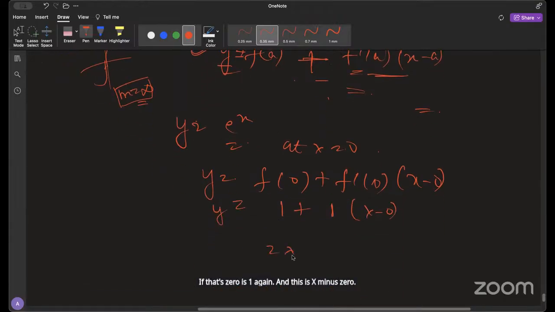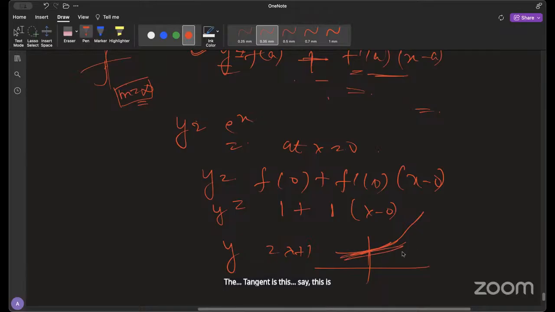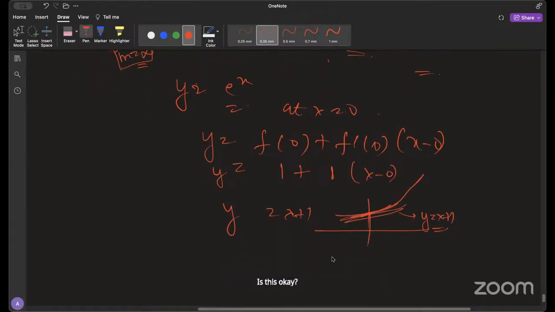This gives you x plus 1. So what this means is that at x equals to 0, this point, the tangent is this; if this is the tangent here, then this is the y equals x plus 1 line. That's what it means. Is this okay? Yes, ma'am.